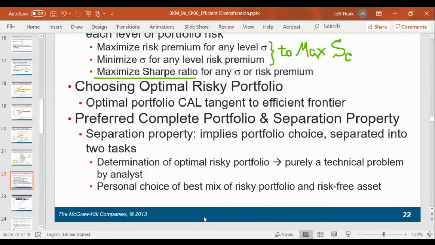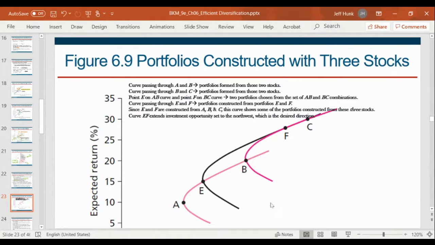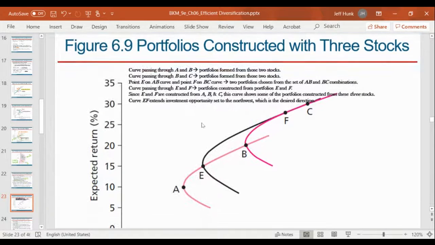You may disagree with the fund manager. If you are more of a risk taker, you can choose a frontier that has higher risk and higher return. Suppose your investment opportunity set is like this: it's higher, more north, but not to the west.